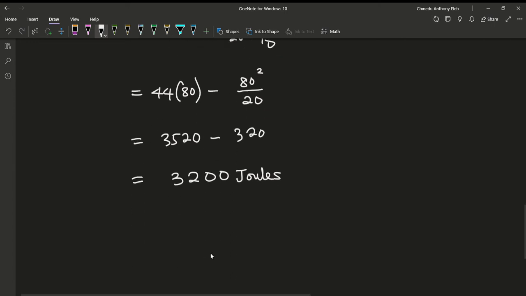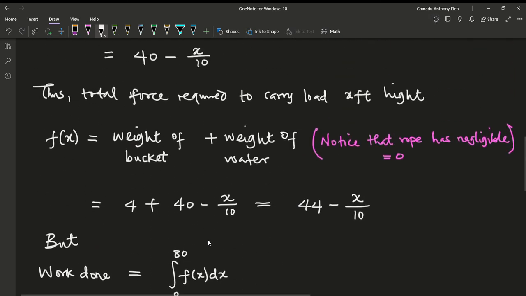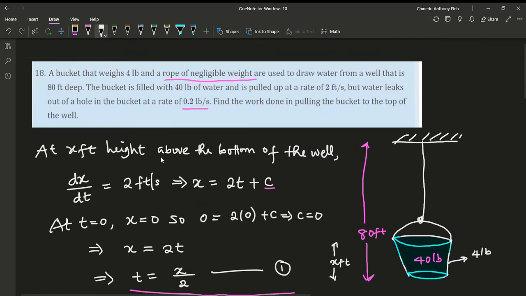So this is the total work required to raise this load, the bucket plus the water that is leaking at a particular rate, to a height of 80 feet.